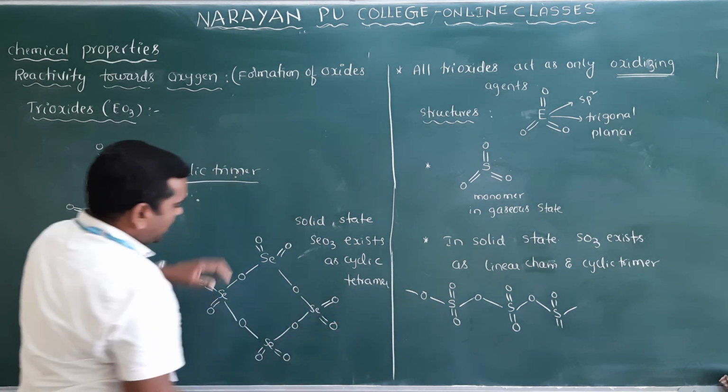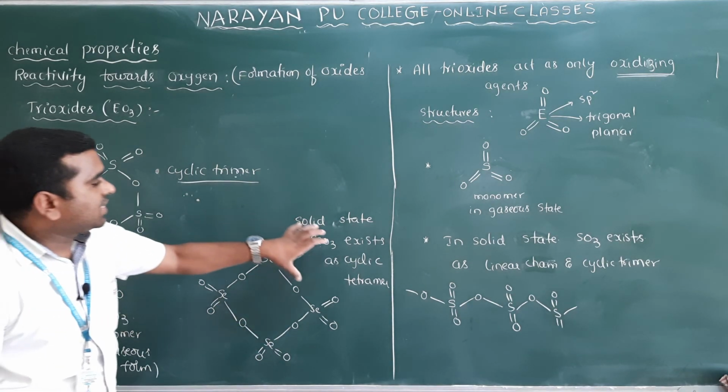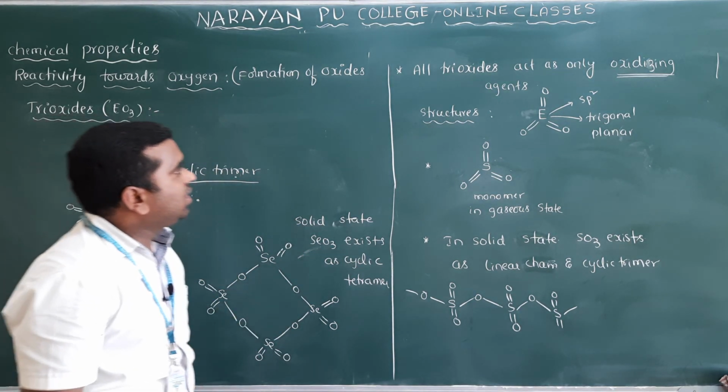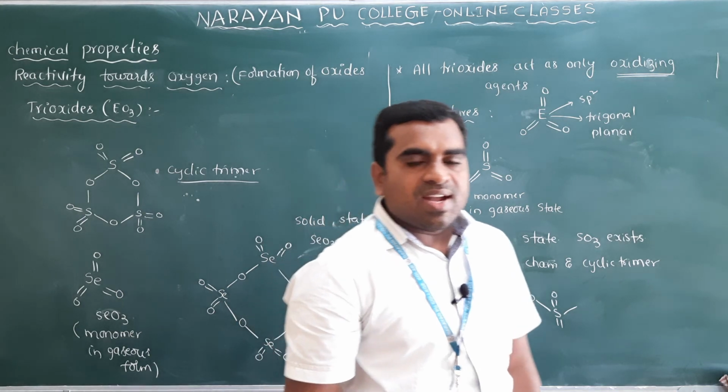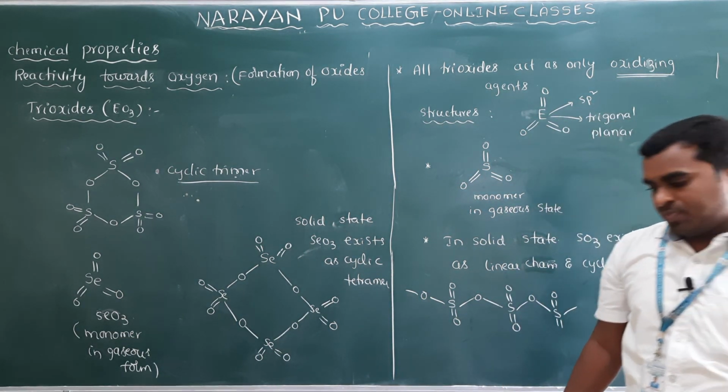Clear? You see Se 1, 2, 3 and 4, which we call a cyclic tetramer. This is about the trioxides and dioxides of 16th group elements.